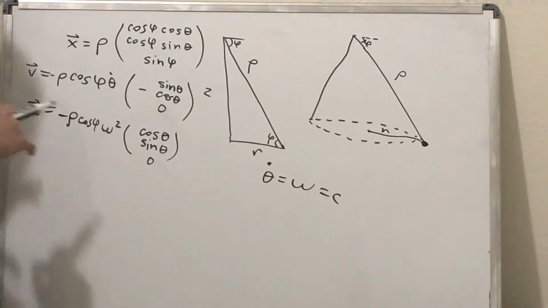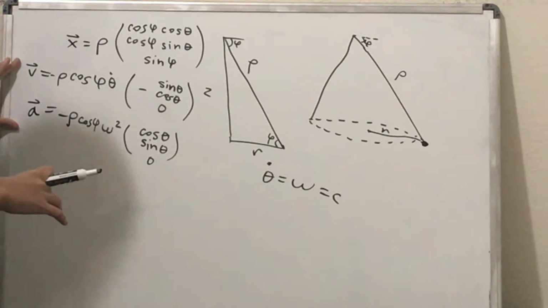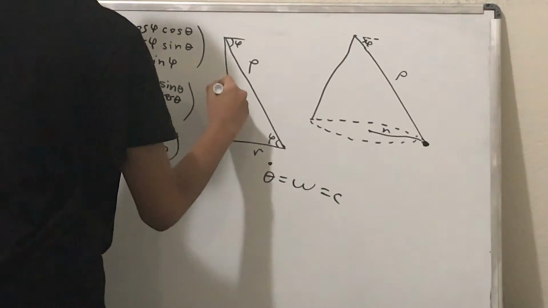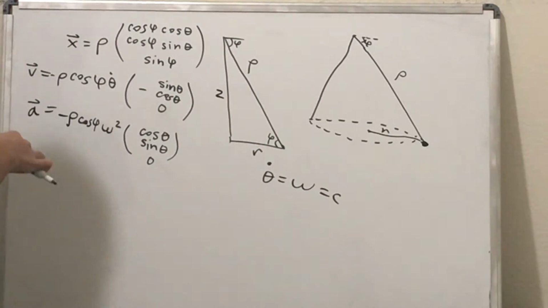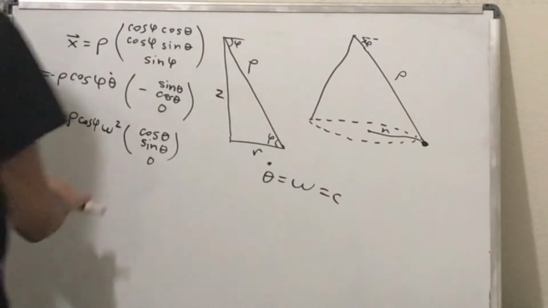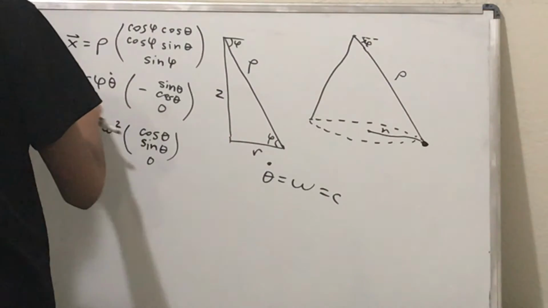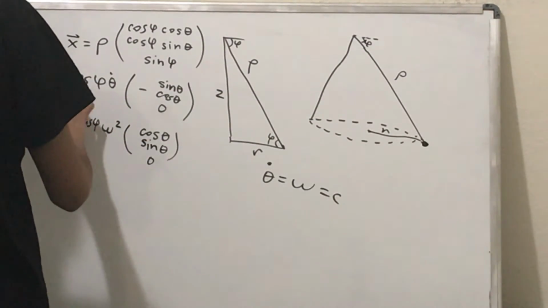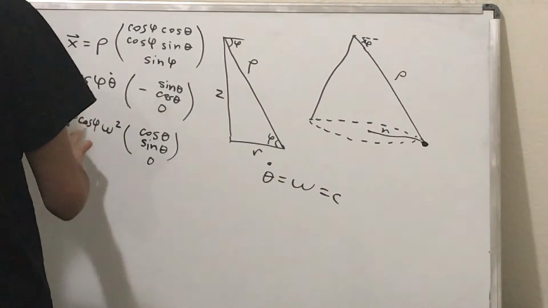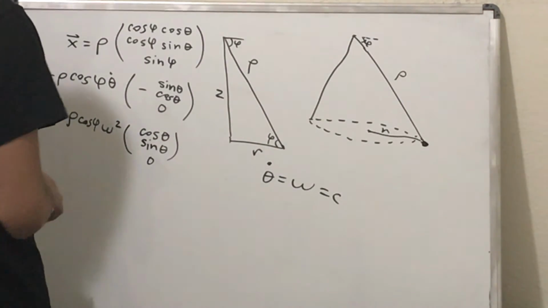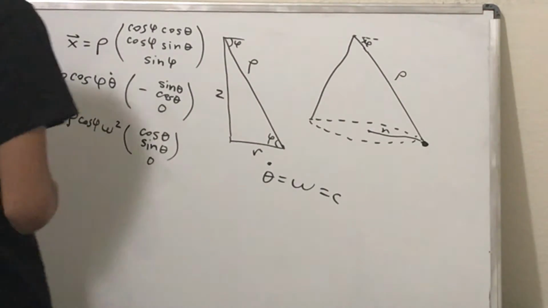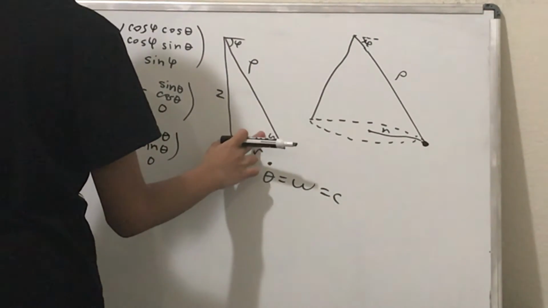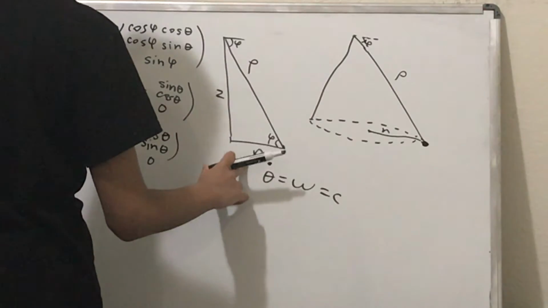So now we have these formulas. Let's see what they actually mean in the context of our problem. First things first, notice how similar these guys are. Just take a look at this. We see we have a p cosine phi in common. And actually, this is our r. If we do cosine of phi, that will be this.